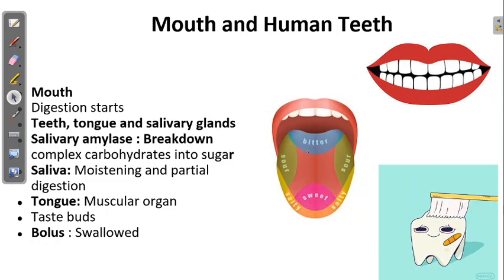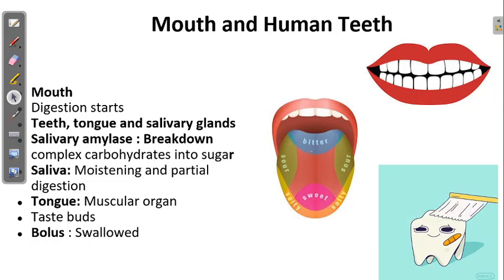The tongue is a muscular organ. It helps in speech. Just hold your tongue for a second and try to speak. Can you? No, it is very difficult. We cannot speak. Hence, the tongue also helps in speech. And finally, the tongue helps in the formation of bolus.